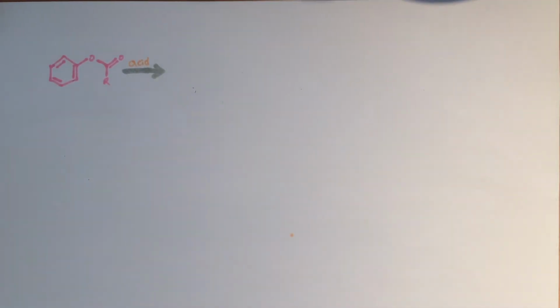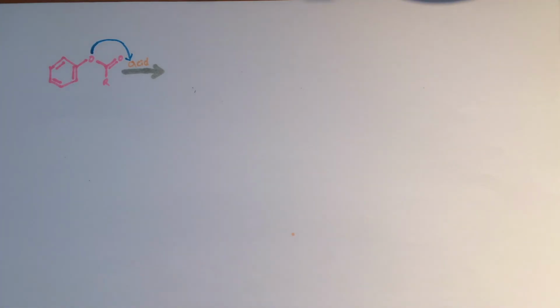So, basically the rearrangement works by adding some sort of acid to this ester group, and this oxygen takes the acid, creating a positively charged oxygen attached to some sort of acid.